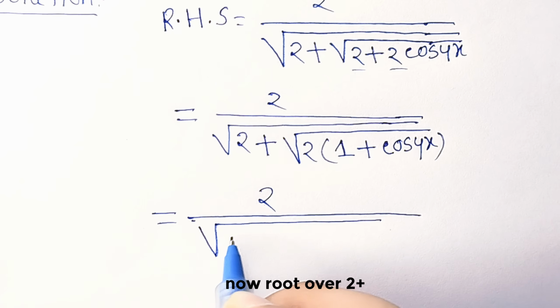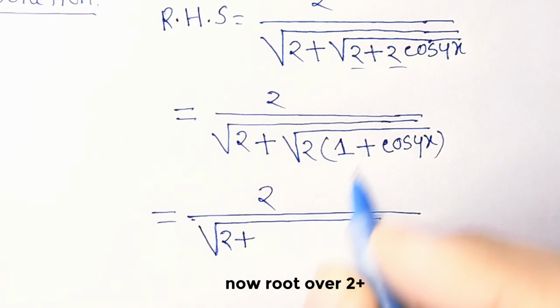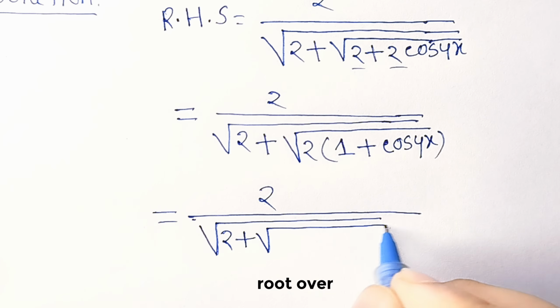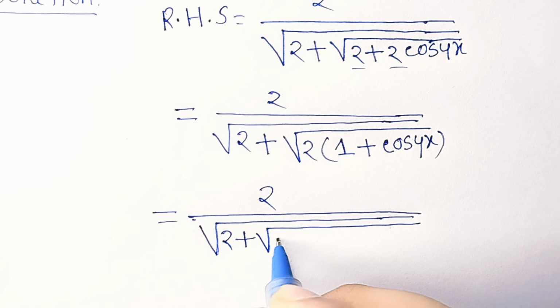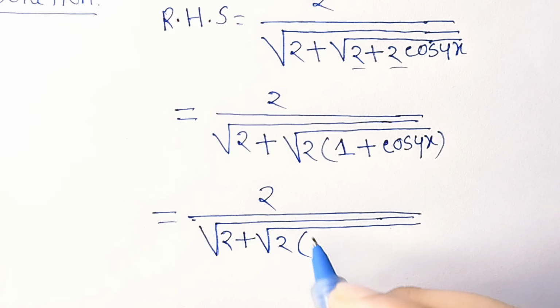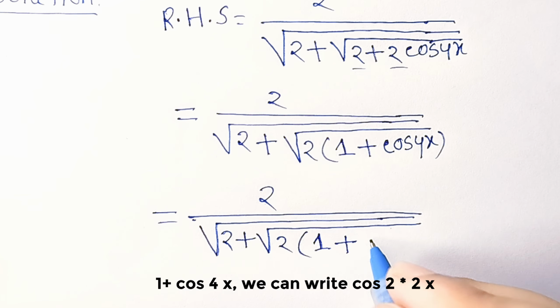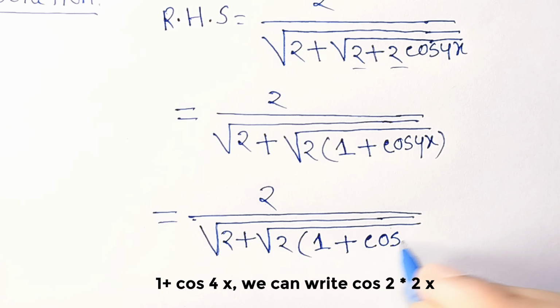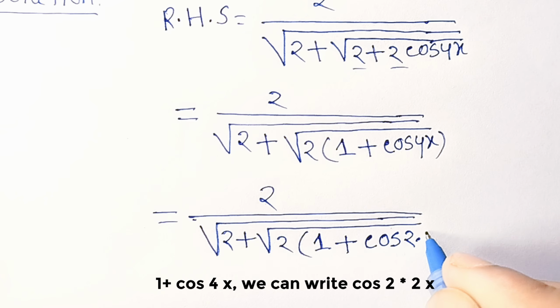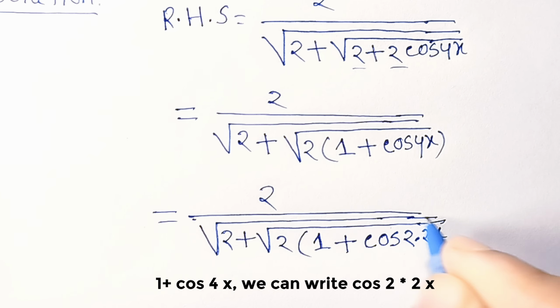Now 1 plus cos 4x, we can write as 1 plus cos 2 times 2x.